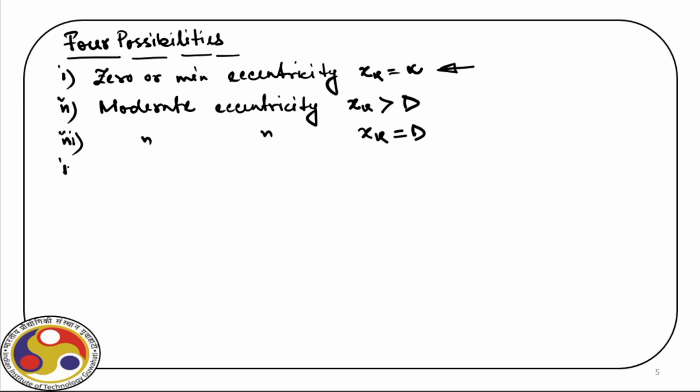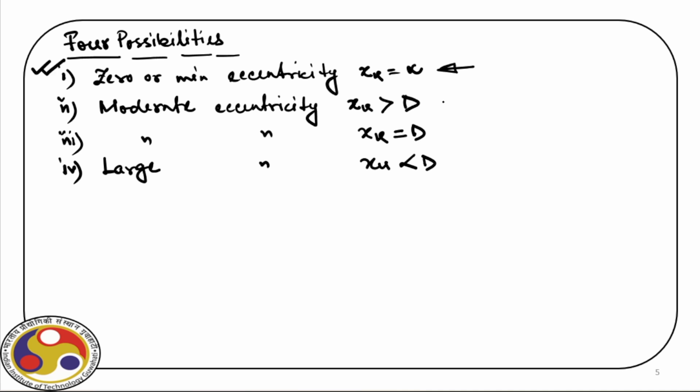And then the fourth case, we have large eccentricity. And in this case, XU is less than capital D. As I said, we have already studied this in detail, so we will not discuss that.